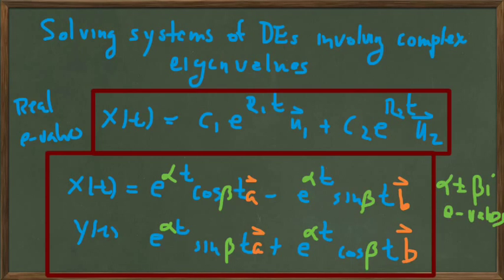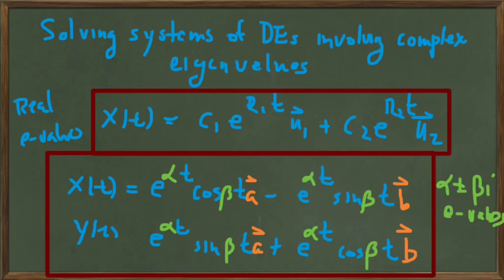You can see that the alpha and the beta show up in the places where they did before, as the coefficient of the exponential and the coefficient of the cosine. So that structure looks familiar. What's different is that we also have this vector A appearing here and here, and the vector B appearing here and here.